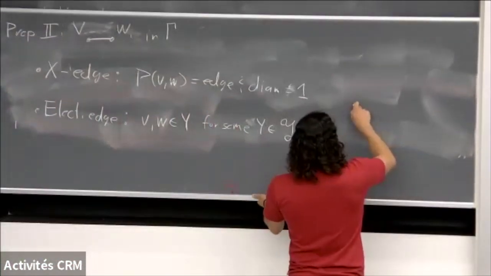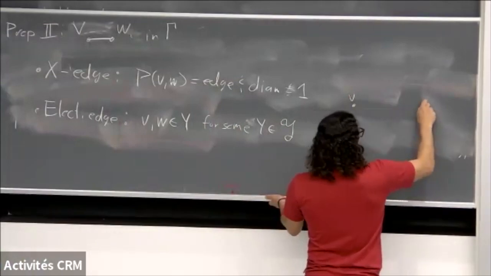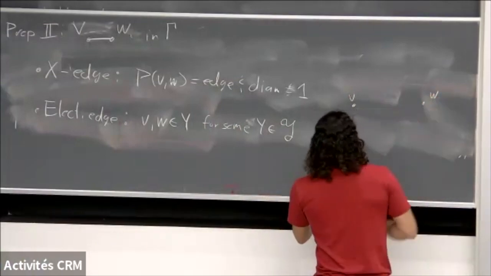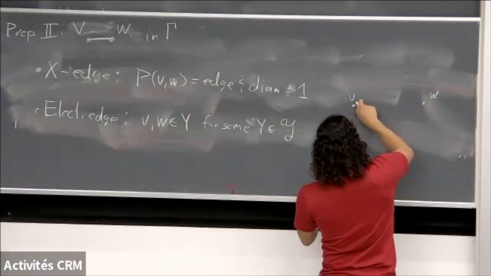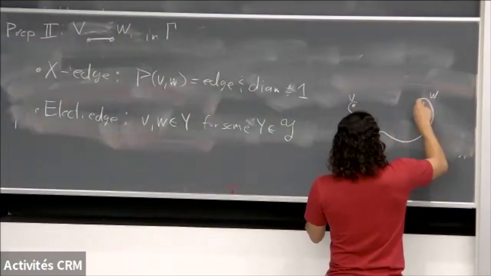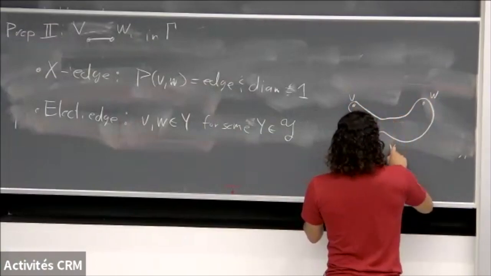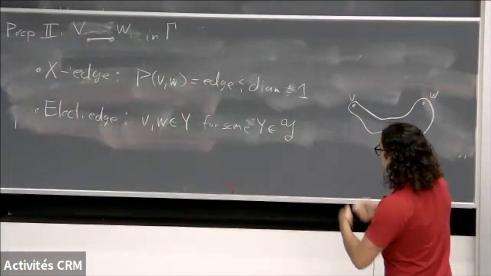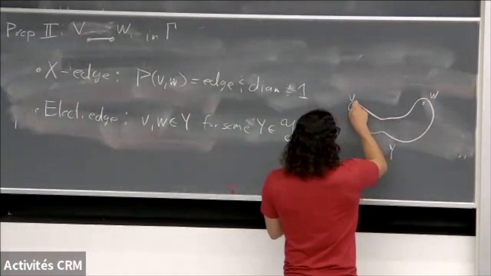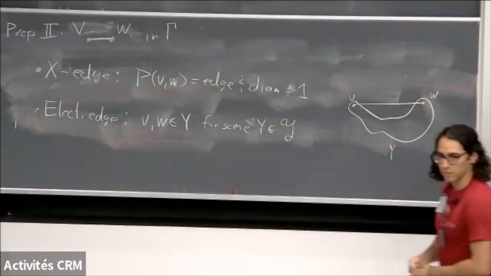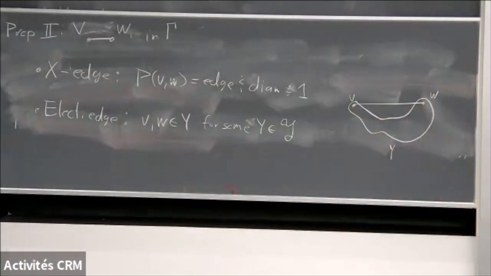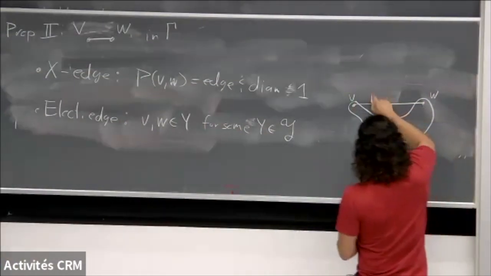I have V and I have W, and they are inside of Y. There's some subset that contains them. And P of V W is the geodesic in X between them. So this is like the picture before I electrified. This is P of V W.